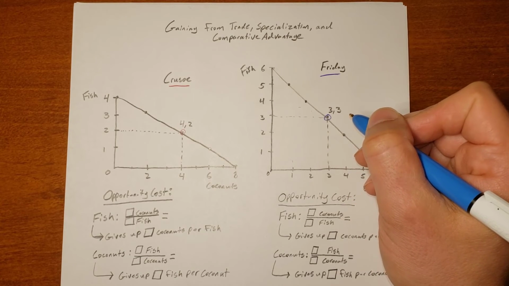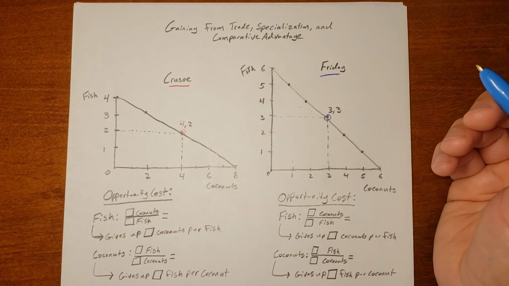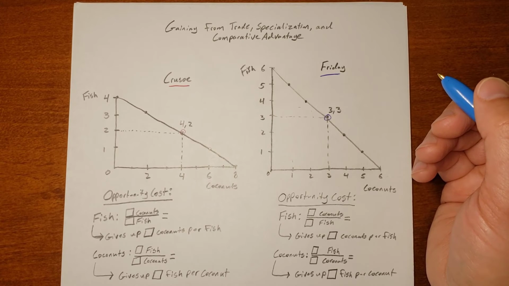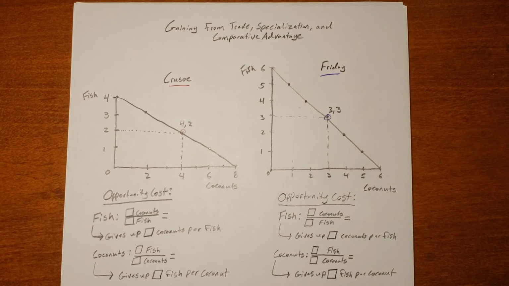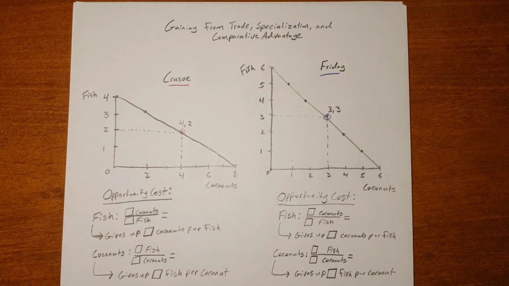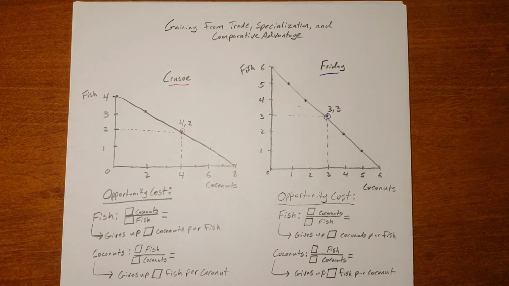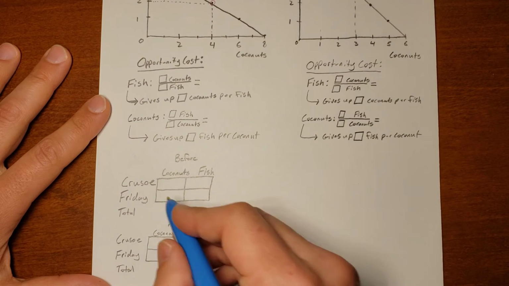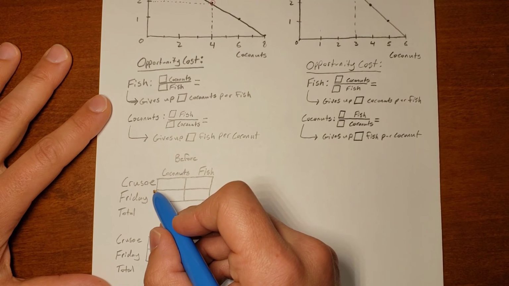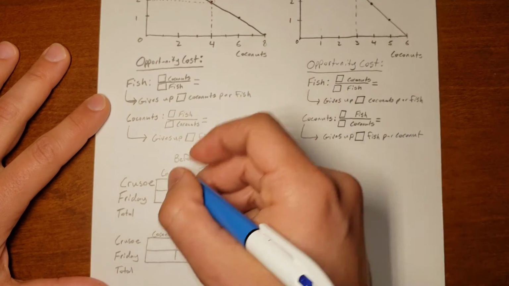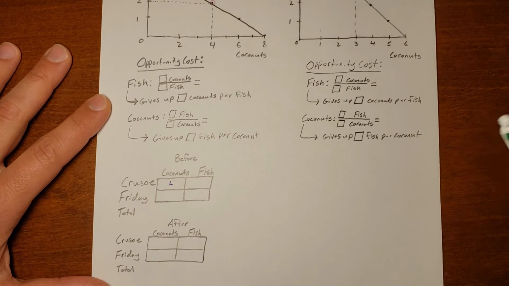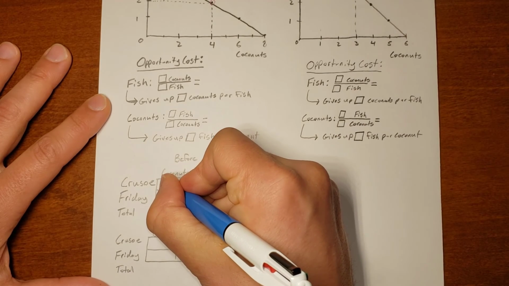So let's suppose now that Caruso and Friday want to exploit their comparative advantages and specialize in the thing that they have the greatest comparative advantage in relative to the other, and see if they can grow their economy. So right now, we'll start off here, Caruso is currently producing 4 coconuts and 2 fish, use red.